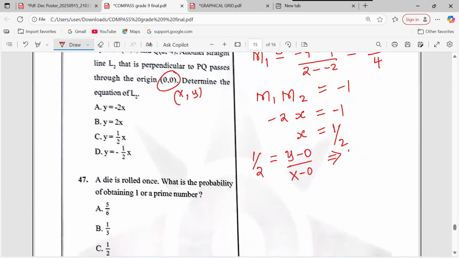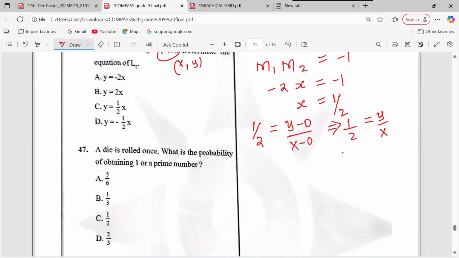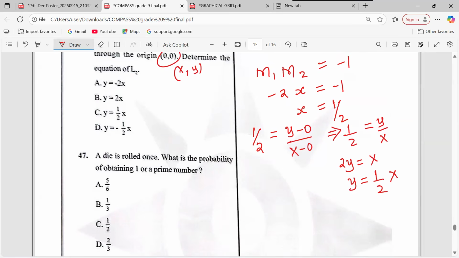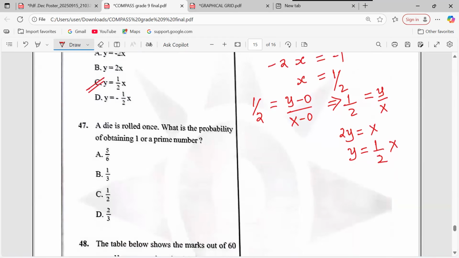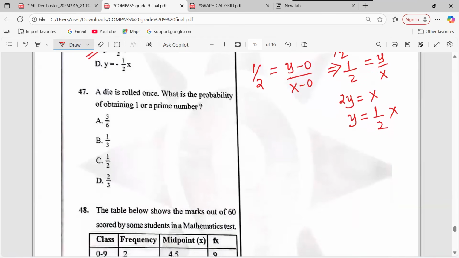So this shall be half equals y over x. Can we cross multiply? Yes. 2y equals x. Can we remain with y? Yes. So y equals half x. The appropriate answer is C.